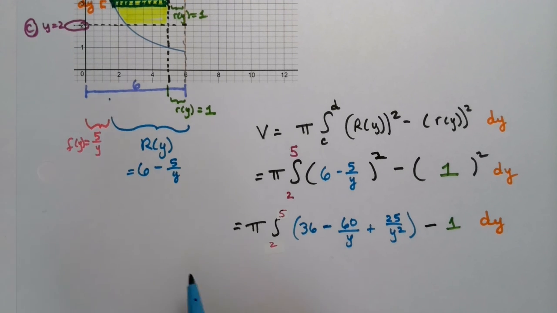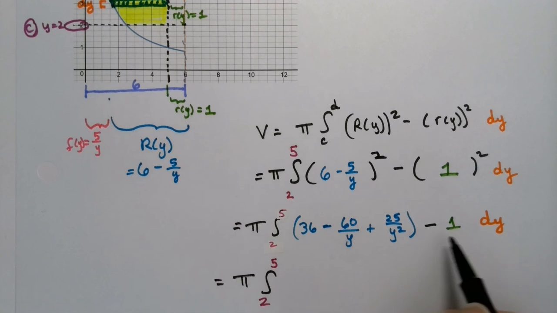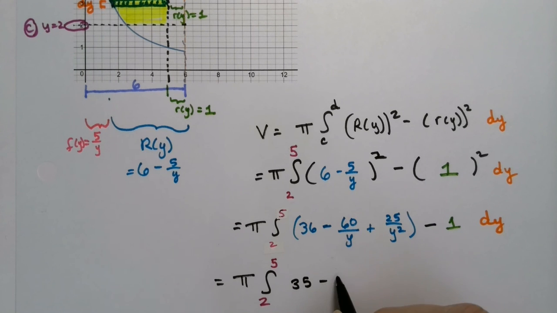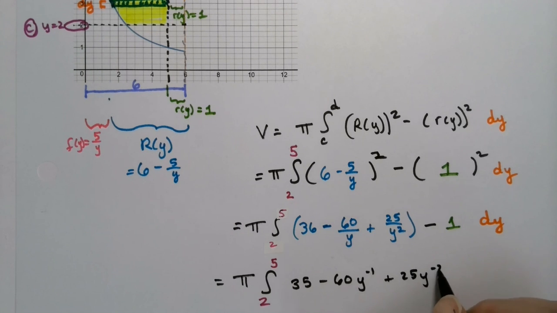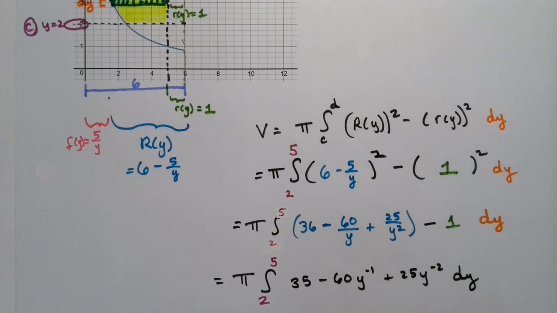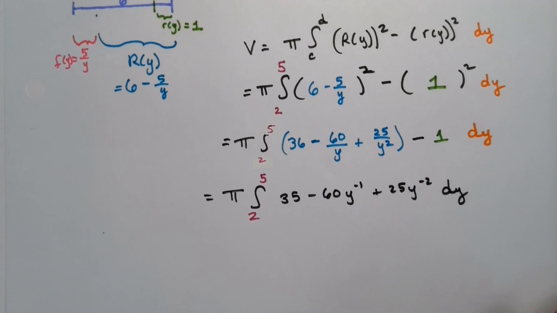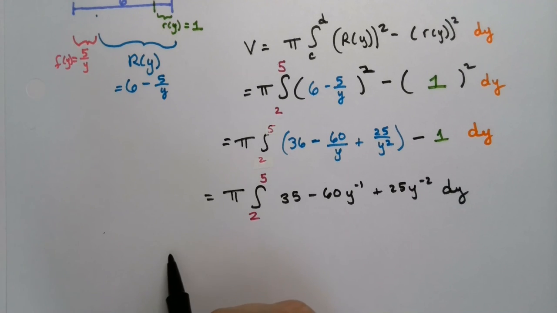All right, so this is the integral from 2 to 5 of 35, take away 60 y to the negative 1 plus 25 y to the negative 2. Right? Okay, so doing some work here.